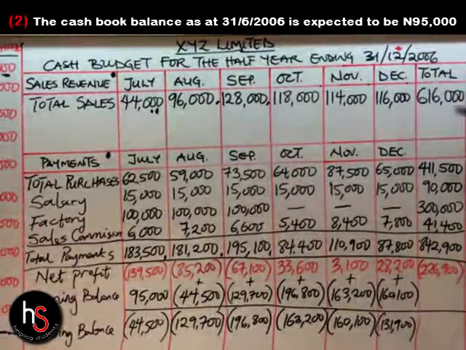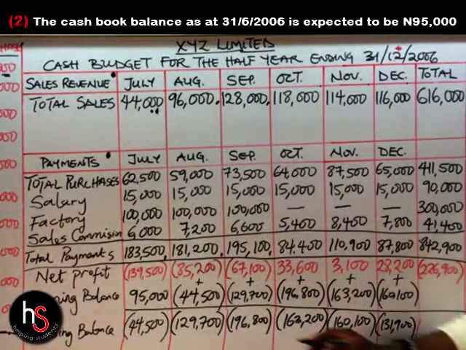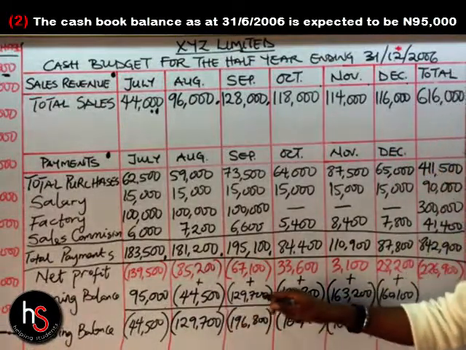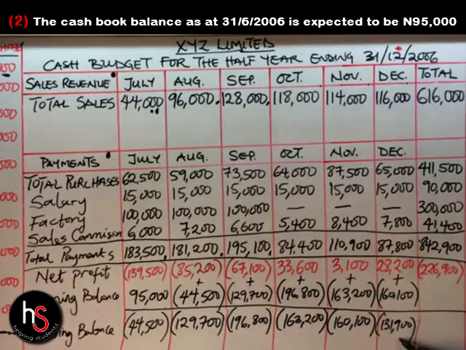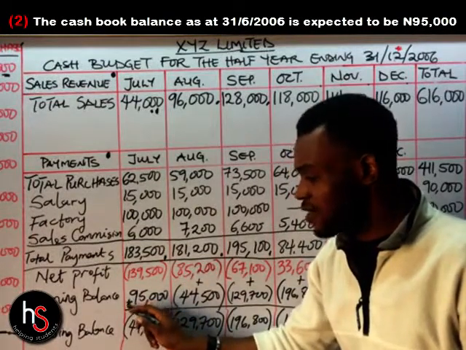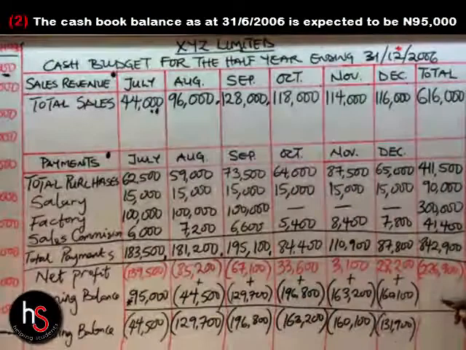This is in December and this is the final total. The way we brought the closing balance to the next month stops here. You don't carry it on to the total. What you do here is bring back the opening balance to the grand total.